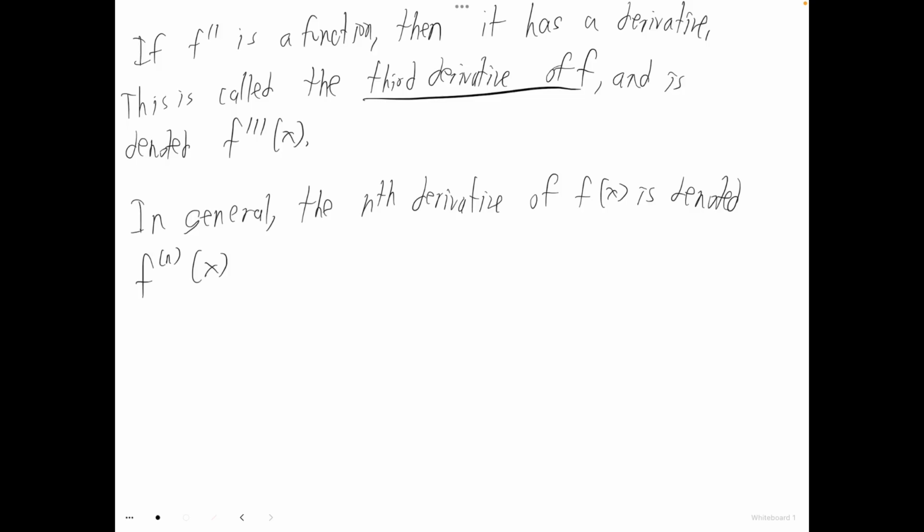And we do this when n is greater than or equal to 4, usually. We get kind of tired of writing the primes, so after 3, we just go to this notation. But this is just saying find the fourth derivative, fifth derivative, or so on. So like if I write f to the 7th of x, this is the 7th derivative of f. And so we could keep doing this as many times as we want.